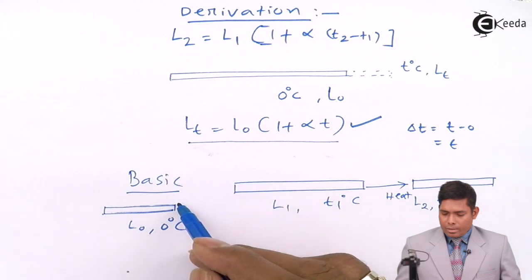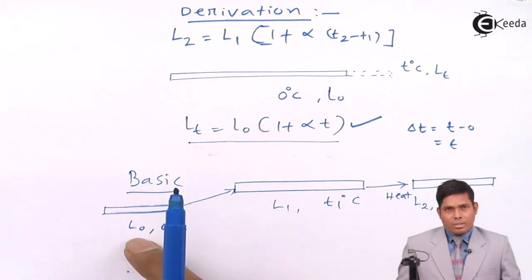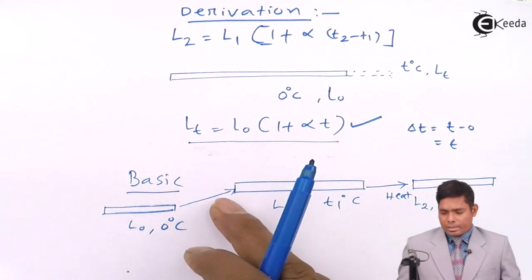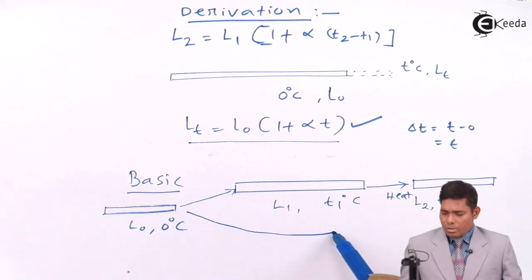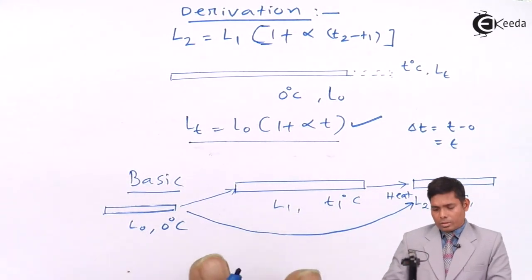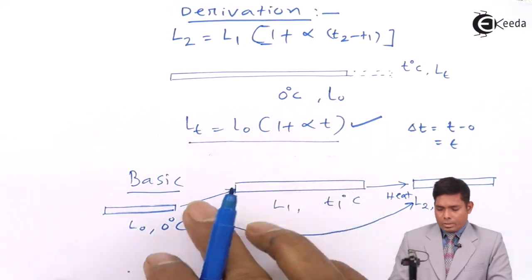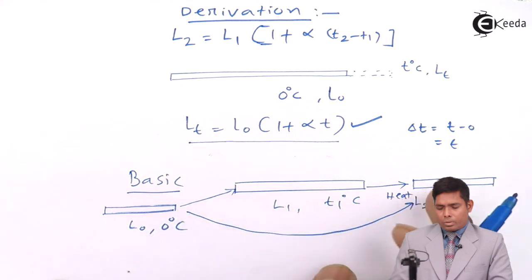I will assume that from its original length L0 at 0 degree centigrade, it is heated to this. Similarly, from its original length, it is heated to this. This is the basic idea: it is heated from 0 to T1 and from 0 to T2.